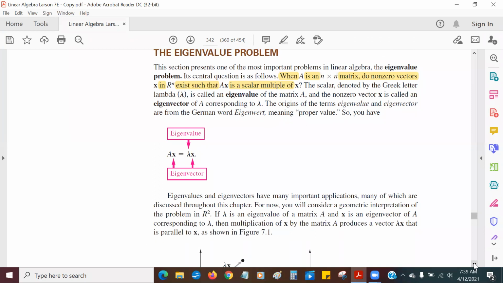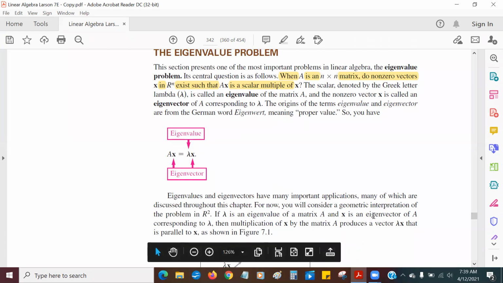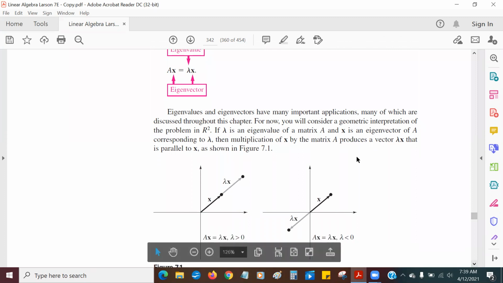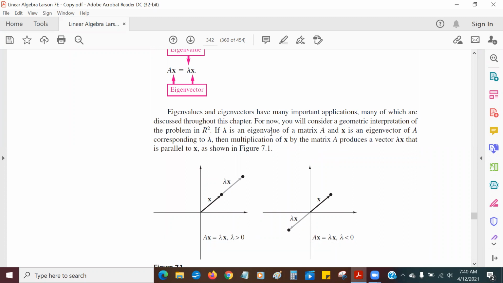Eigenvalues and eigenvectors have a lot of important applications. In general, if lambda is an eigenvalue of the matrix and x is an eigenvector which corresponds to lambda, then the multiplication of x by the matrix A produces a vector lambda x that is parallel to x.